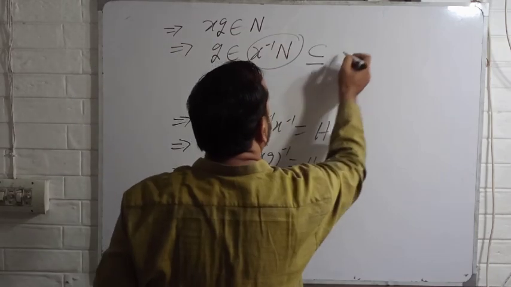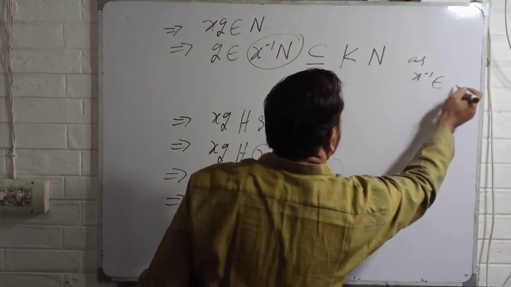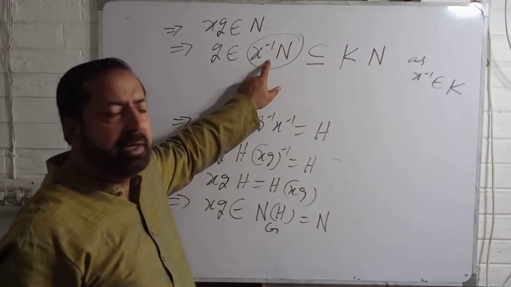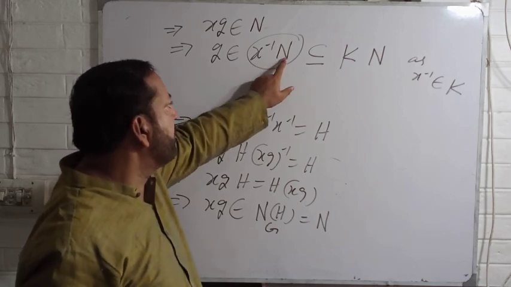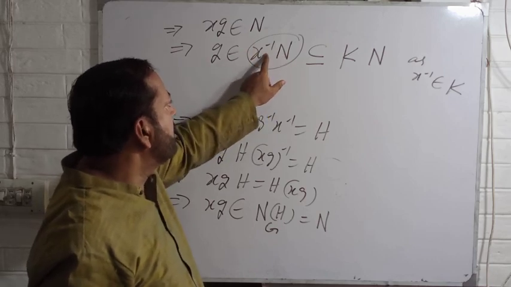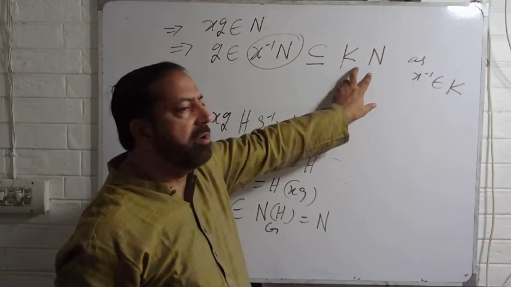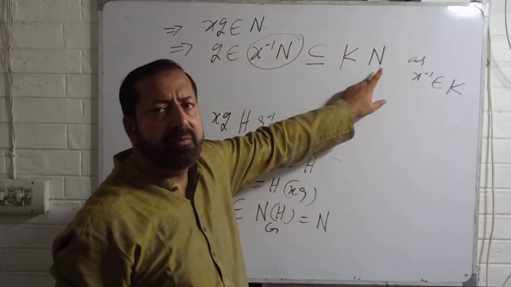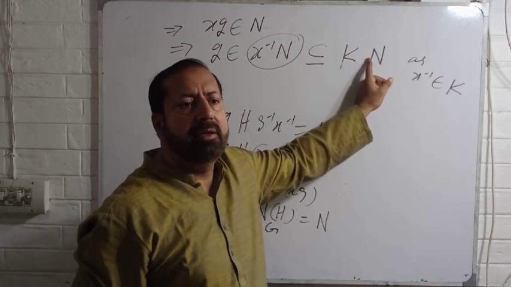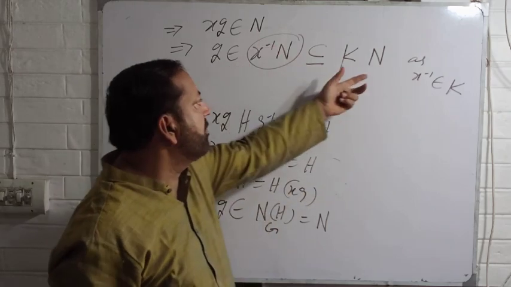That's why this is a subset of KN, as x inverse belongs to capital K. This is a left coset of N in K, and here the set of all left cosets of N by K, and this is one of those. So yes, this is a subset of this one.